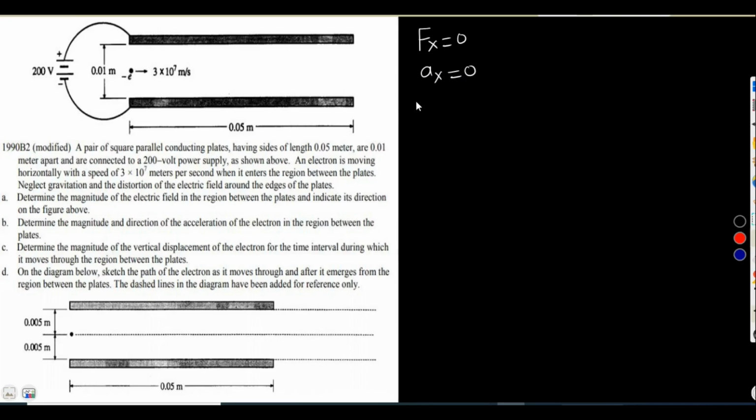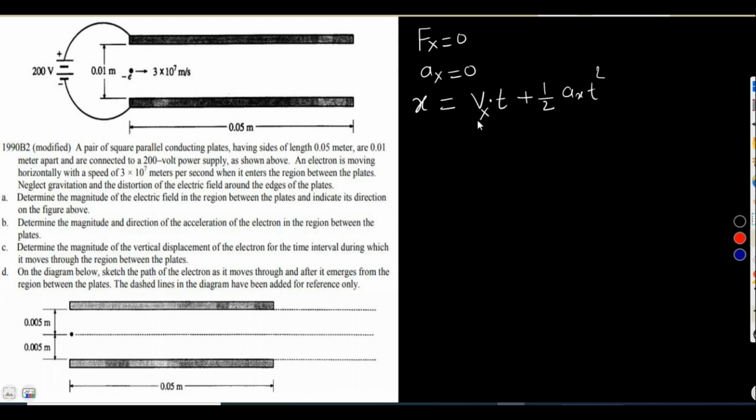So we can use the formula x is equal to vx into t plus half ax into t square.